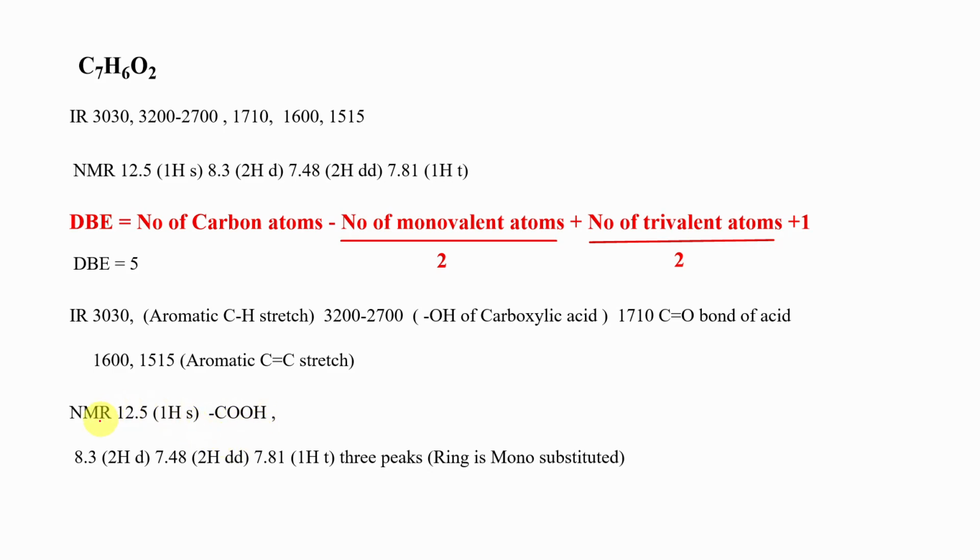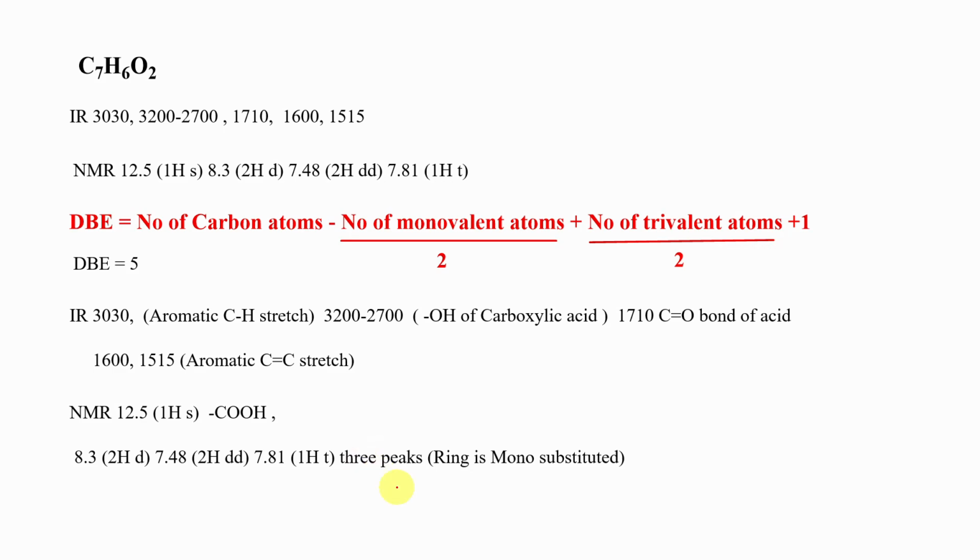Then it gives 8.3, two hydrogen doublet; 7.48, two hydrogen doublet of doublet; 7.81, one hydrogen triplet. All these three peaks are of the aromatic or benzene ring, and so the ring is mono-substituted, because three peaks are obtained. Three peaks are usually given by a mono-substituted benzene ring.